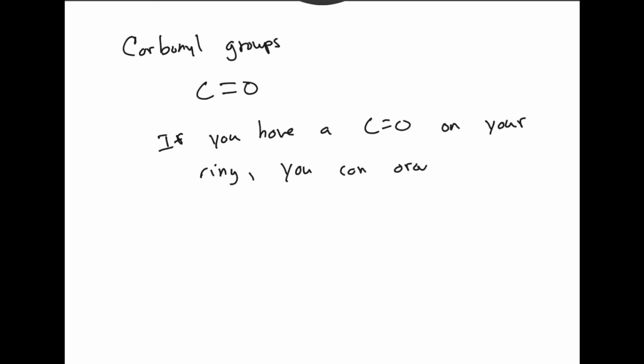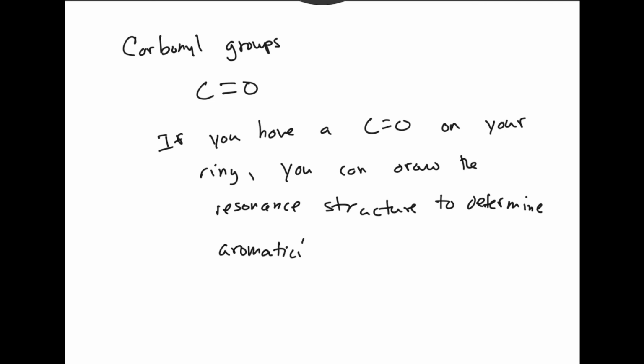So that's C double bond O. If you have a C double bond O on your ring, the easiest thing to do is to draw the resonance structure of that carbonyl and then determine the aromaticity.